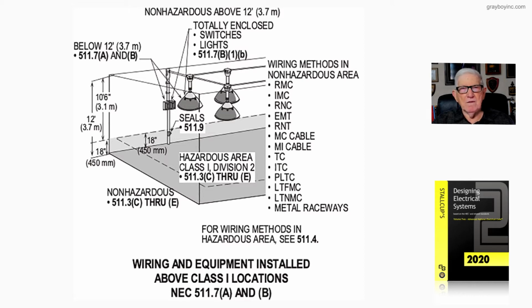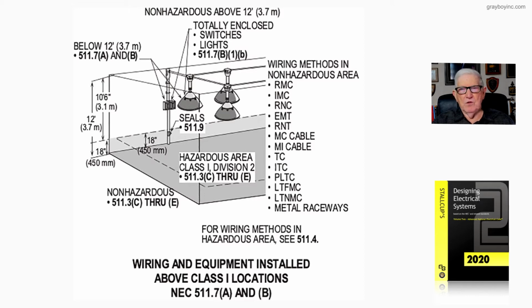And then of course you have the 18 inches now from the ceiling, if you have gas and vapors and things that could rise up toward the ceiling that you have to consider. So these lighting fixtures you see, if they're below the 12 foot, then they need to have the totally enclosed switches and lights.